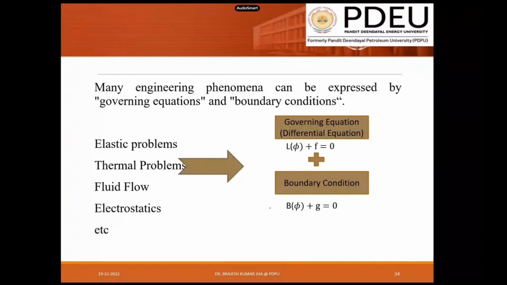Suppose we are talking about such a governing equation: Lφ plus f is equal to 0 with the boundary condition. In most engineering phenomena, the governing equation and the boundary condition are required. Here I am talking about only the steady state problem, because finite element is related to only steady state problems.